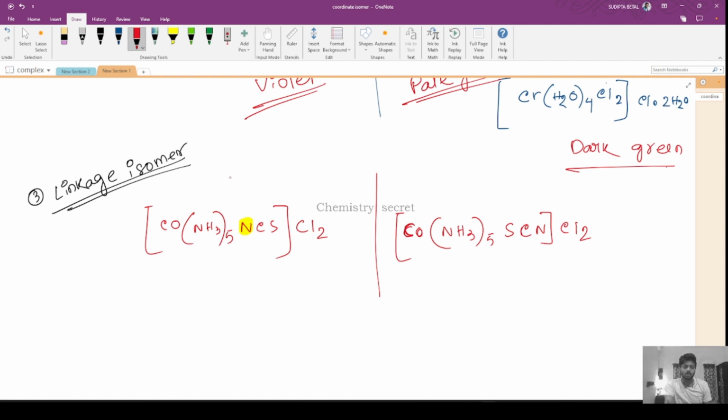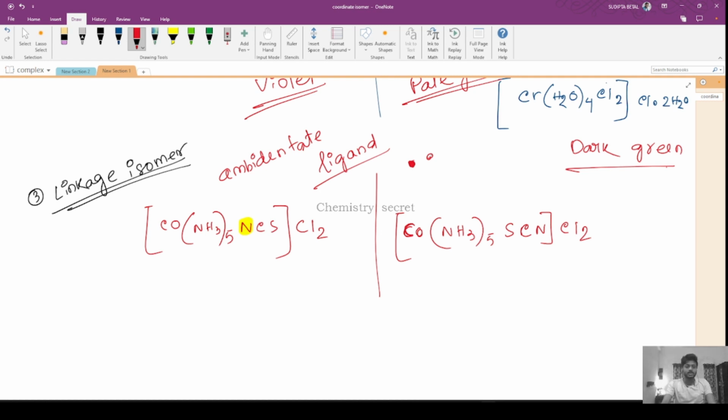Linkage isomer always tells about the ambidentate ligand, which has more than one donor center. On the basis of the donor center which is active at a particular time, we can differentiate and calculate the number of isomers.